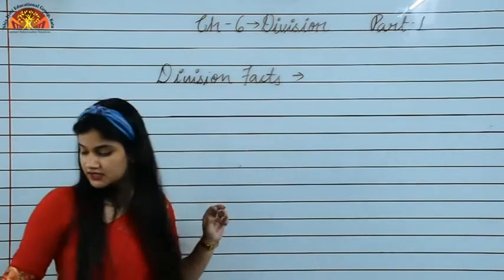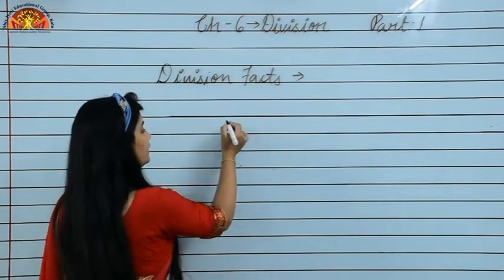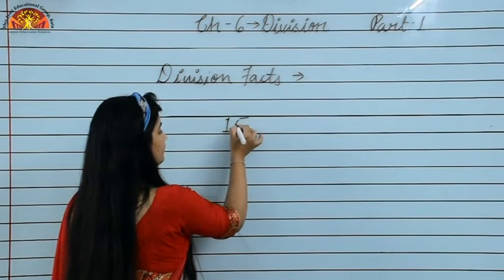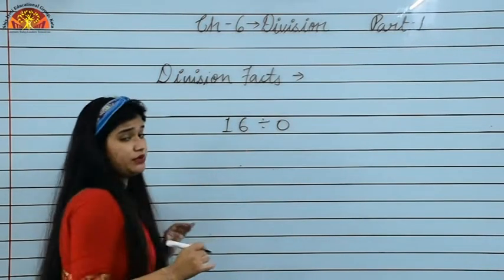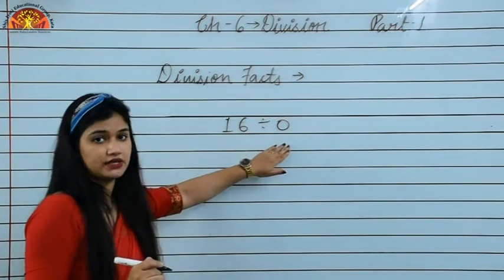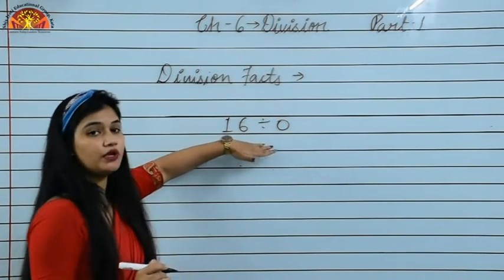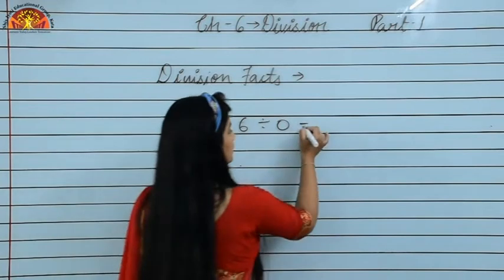Now the next is fourth division fact, that is when you divide any number by 0, हम किसी भी नंबर को क्या कर रहे हैं, 0 से डिवाइड कर रहे हैं. So this term will be not defined. Why?